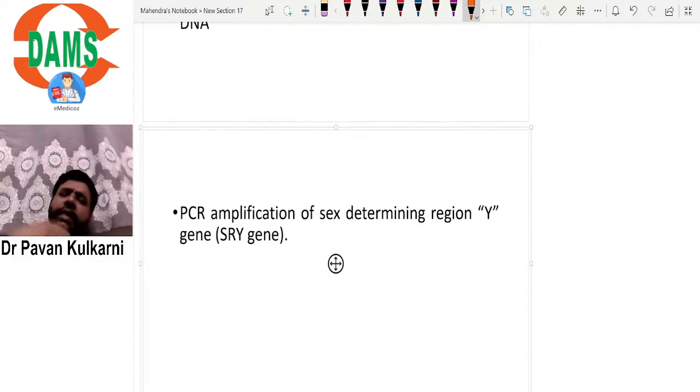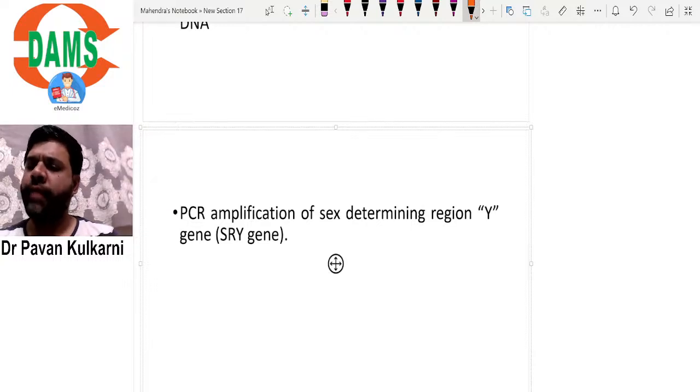Details of this are beyond the scope, it is not usually asked. Here we are supposed to remember the names of the two important genes and the most important one is the Amel gene. How is it different in males? How is it different in females? That is the question usually expected.